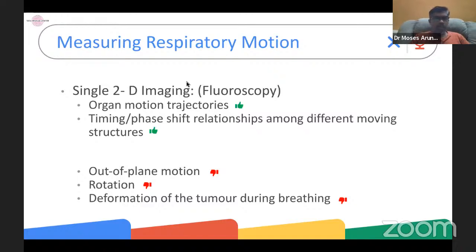But the information that you lack in a single 2D image would be that you don't get information about rotation, out of plane motion, or deformation. But if you add another imaging of the same type at a different angle, then you can use an algorithm to reconstruct it and get a 3D fluoroscopic imaging as well, which is in fact what is done in angiography and also in CyberKnife as well.